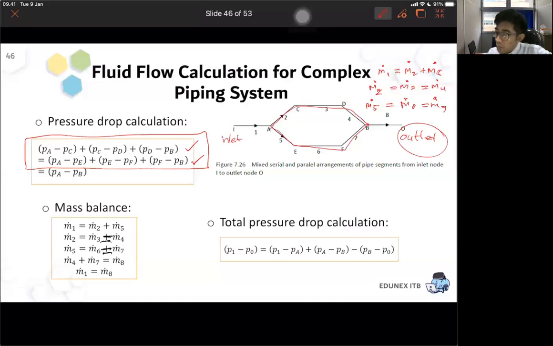So how about if this one is higher, for example? If the pressure drop of the top line is higher than the pressure drop of the bottom line, what will happen? The fluid will be flowing to the top or to the bottom?